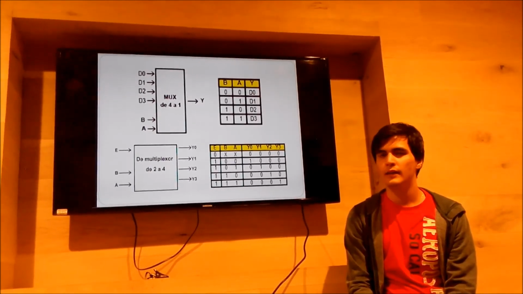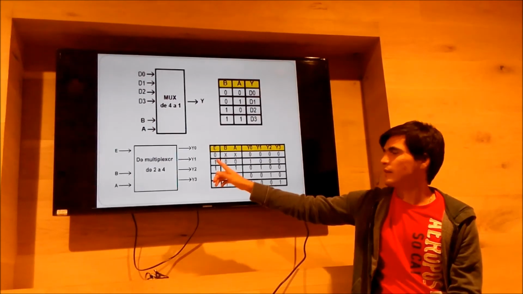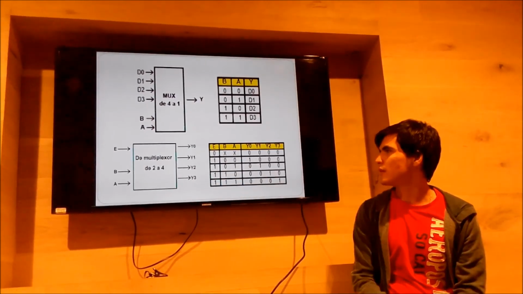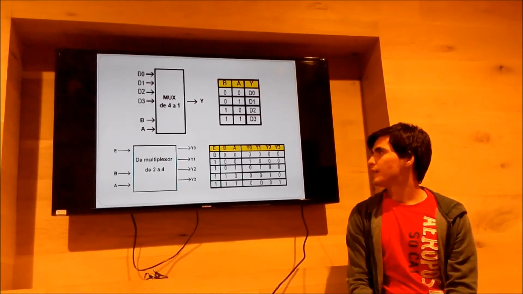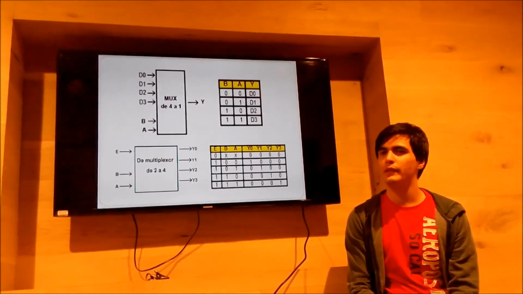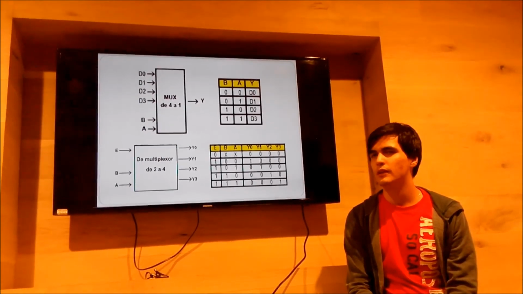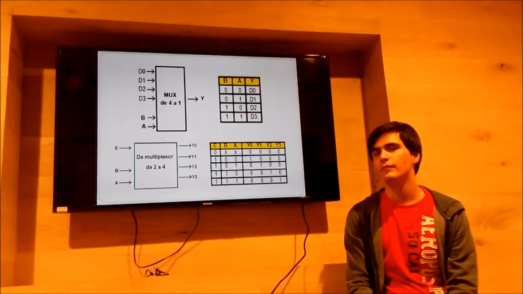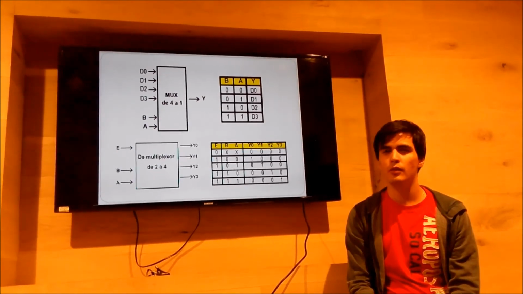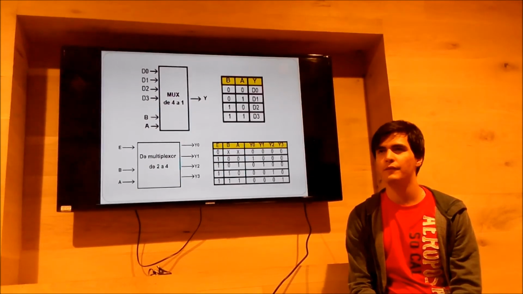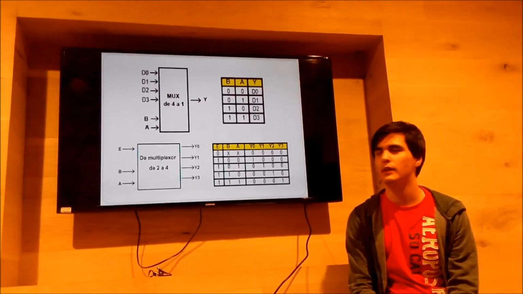Then if you have a 1 in the input line and you have 0, 0 in the selective, you will have the input in the Y0. If you have 0, 1, you will have the input in the Y1. If you have 1, 0, you will have the input in the Y2. And if you have 1, 1, you will have the input in the Y3.